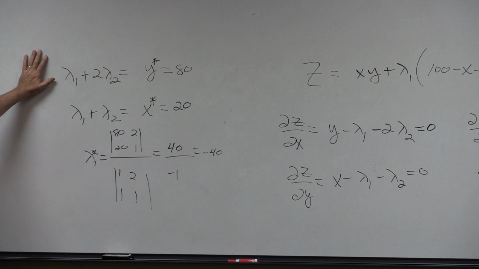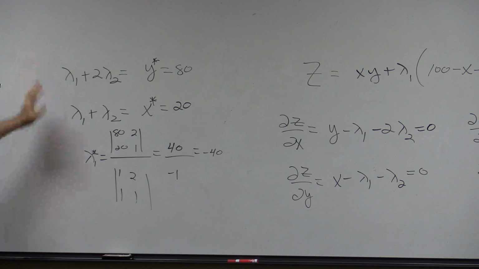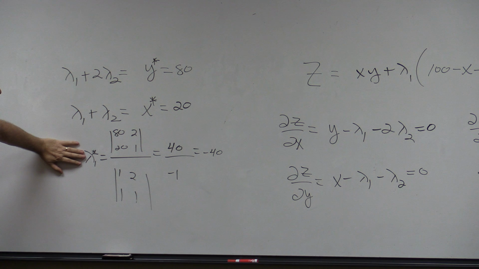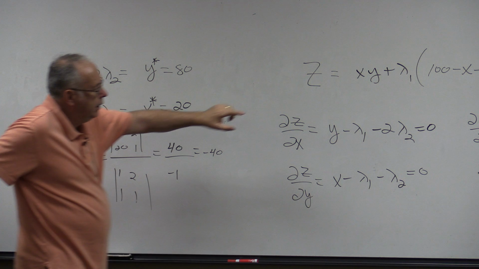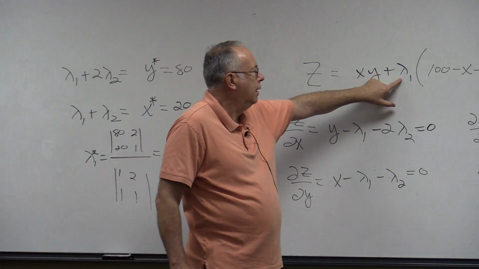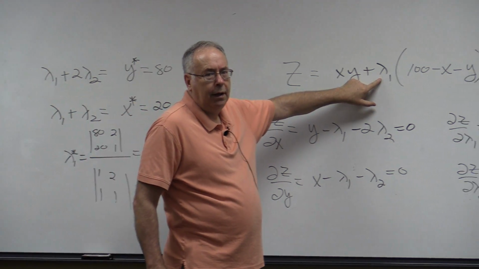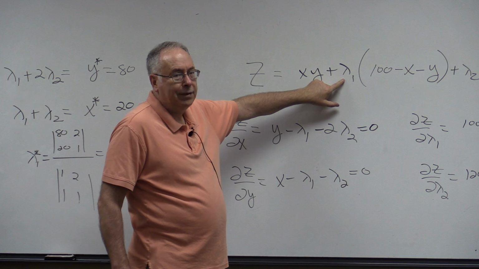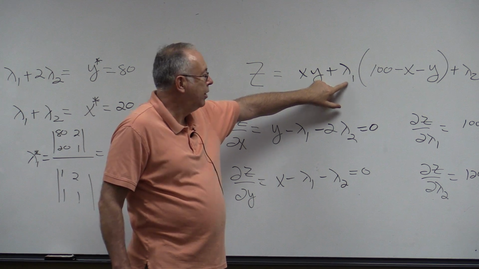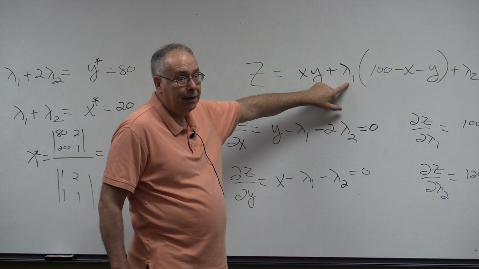That means we made a mistake somewhere. One of our assumptions was wrong. Let's look at this. This will help us figure out what the wrong one was. Lambda 1 is minus 40. What is the interpretation of lambda 1 here? Right, so it's negative. So that means the marginal utility of income is actually negative.